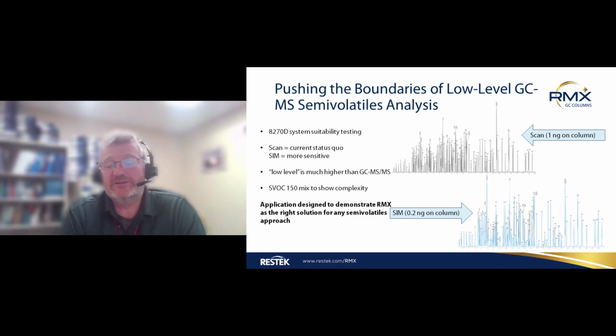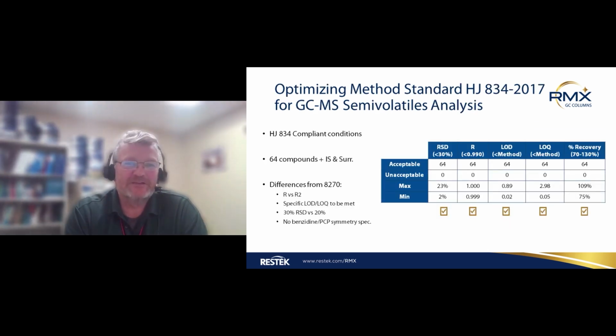So either way, we could do a regular analysis with a GCMS, or we could do the single-ion monitoring if your clients allow it. In this case, we also looked at the Chinese method, HJ 834, and evaluated all of the criteria, and we're completely acceptable with the criteria.